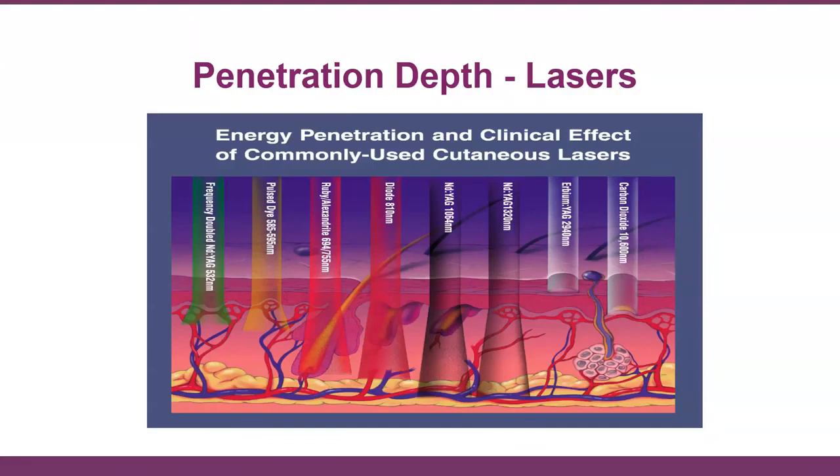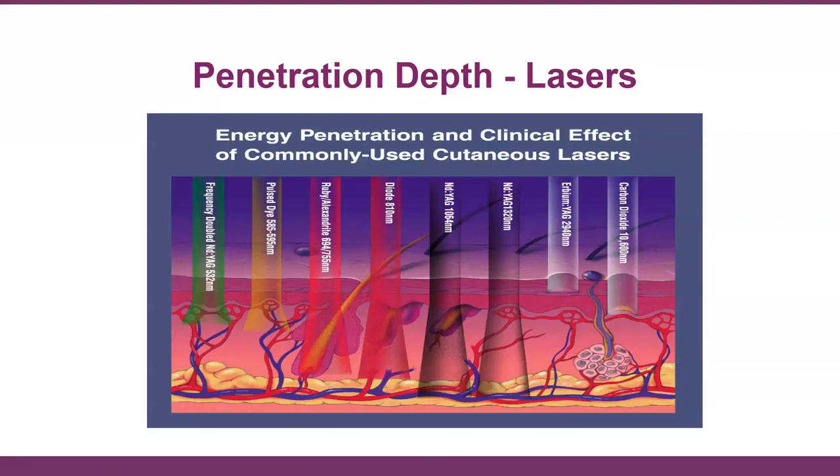And as we move from pulsed dye laser to Alexandrite to Nd:YAGs, you can see the depth of penetration of that light is getting deeper and deeper. And this is also a consideration you need to make about how deep into the dermis the vessel is that you're trying to treat. And that will help you to steer towards which wavelength you need to use.